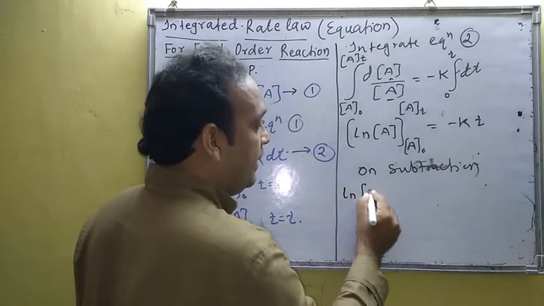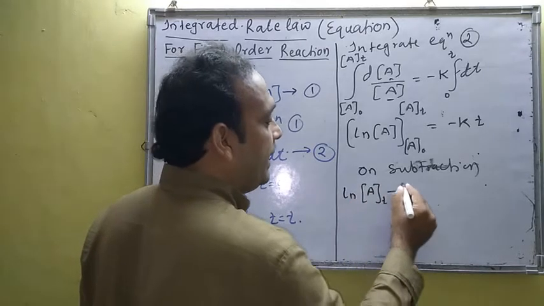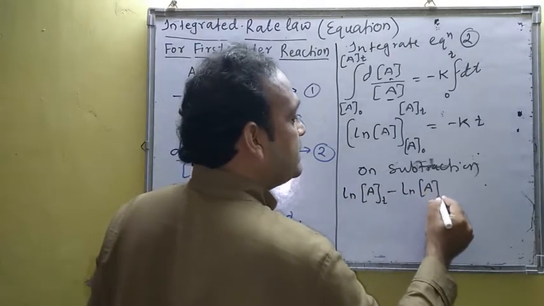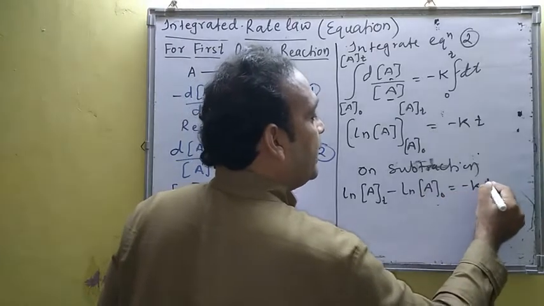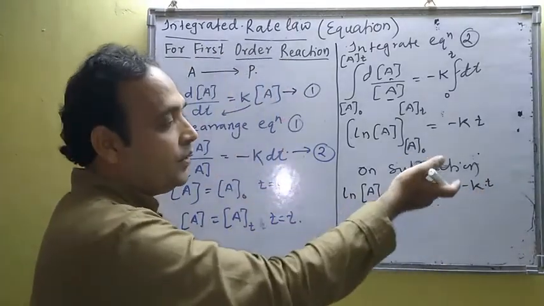Now ln At minus ln A0 is equal to minus kt, since t minus 0 is equal to t.